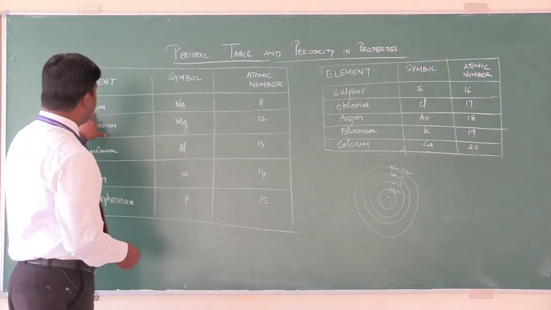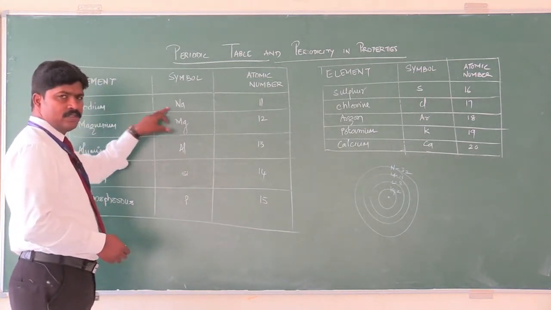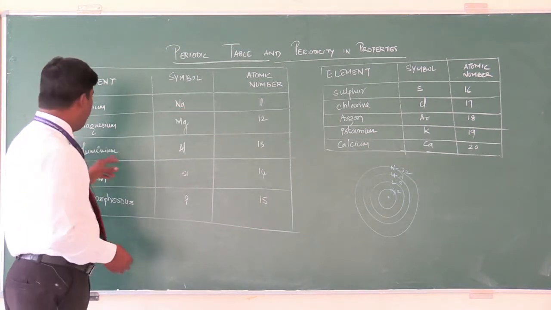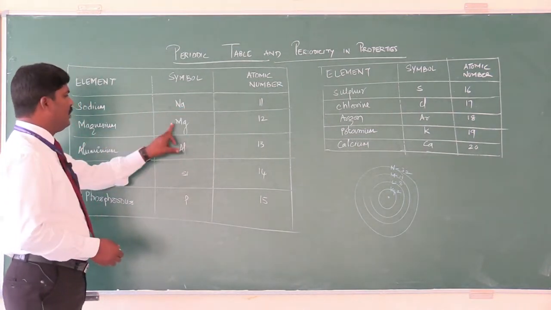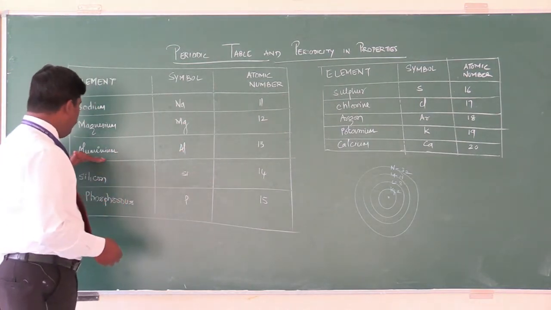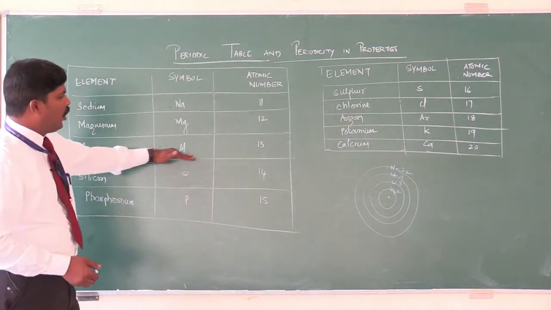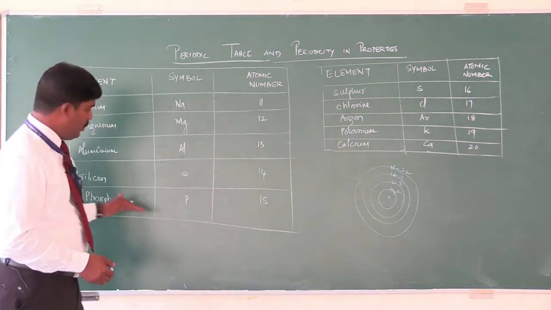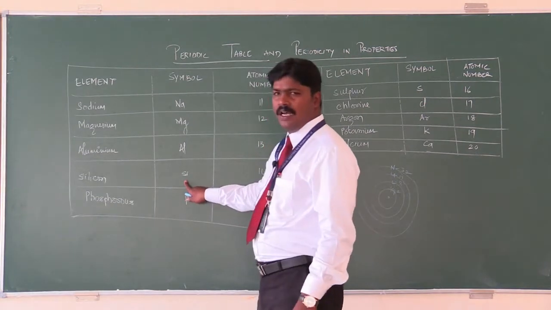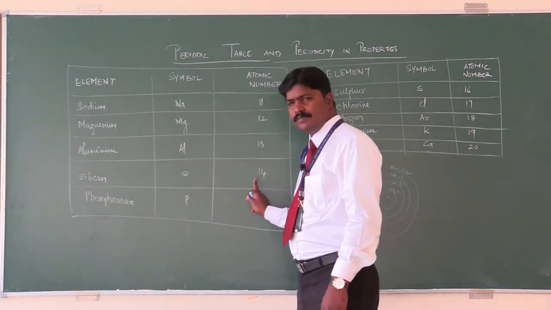Sodium, symbol is Na, atomic number is 11. Magnesium, Mg, atomic number 12. Aluminium, Al, atomic number 13. Silicon, Si, atomic number 14.